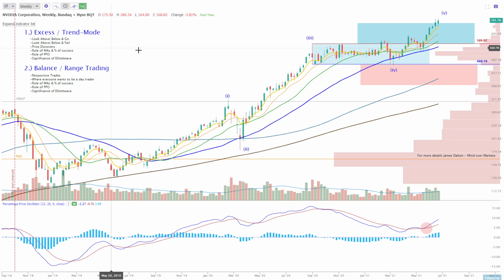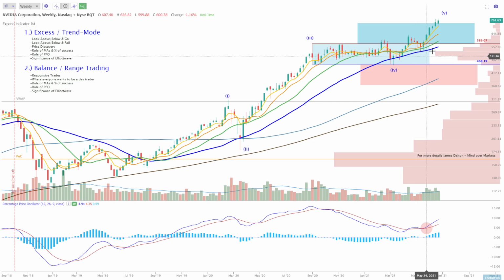Here we go. So when you're in excess or trend mode, and that's where we are right now, this is the most current week, what you tend to do is fall into a look above and go, look below and go, look above and fail, look below and fail type setup. This is a look above and fail, where she fell back into the middle of balance.